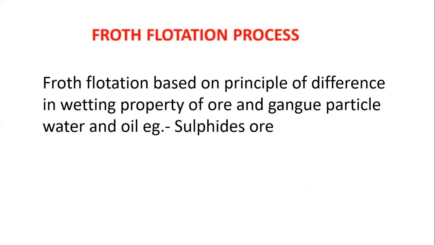Oil as well as water is used for wetting the material, and this froth flotation process is mostly utilized in mines or with ores, where sulfide ores get separated. There is a partition difference, or we can say a wetting property difference. That difference causes the separation of the material. That is the principle.